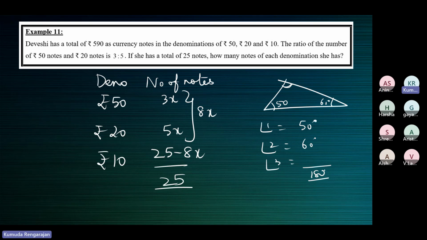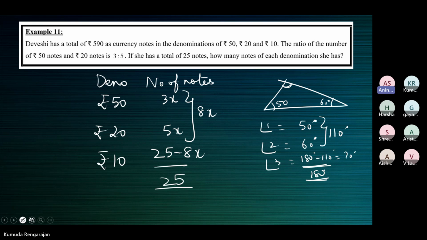So 50 plus 60 plus x is equal to 180. So 180 minus 110 is equal to x. 50 plus 60 is 110, so angle 3 will be 180 minus 110, which is 70 degrees.